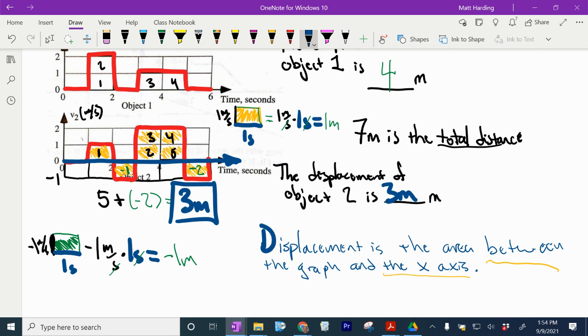So coming up and talking about your motion map, what do you do? Okay, go for it.